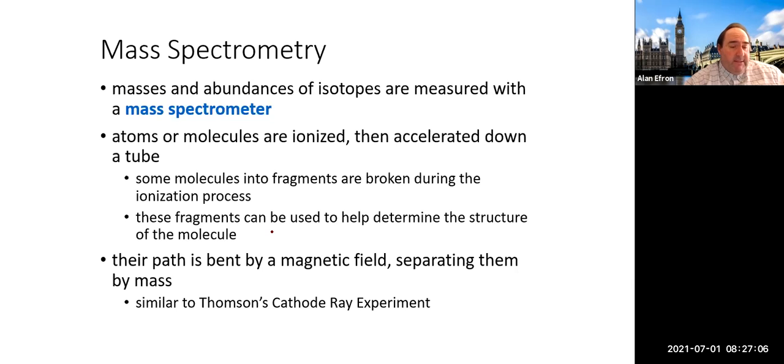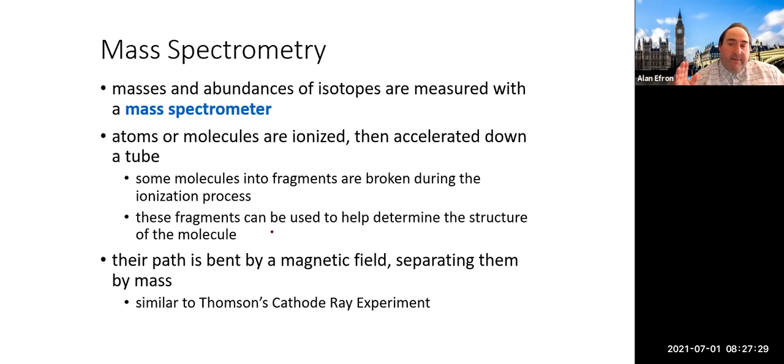Basically, atoms or molecules are ionized and sent down a tube. Some of the molecules are broken up into fragments during this ionization process. These are separated out by mass.